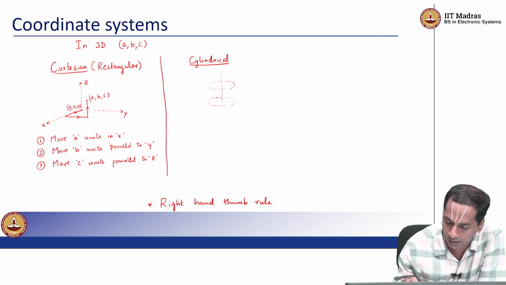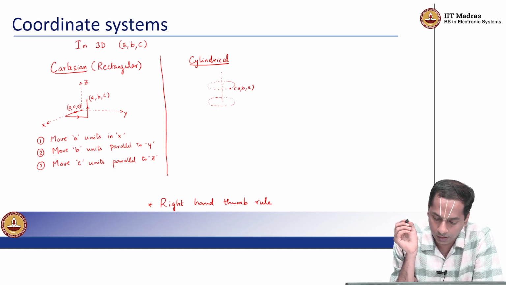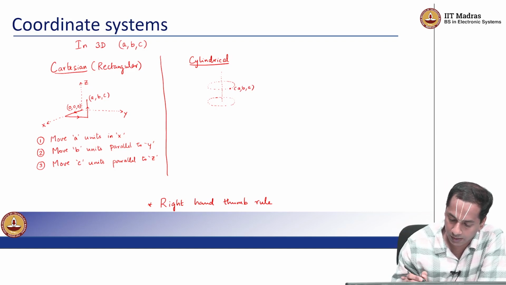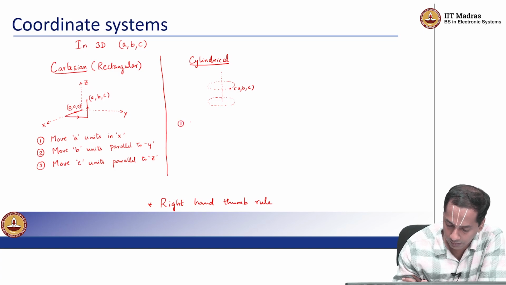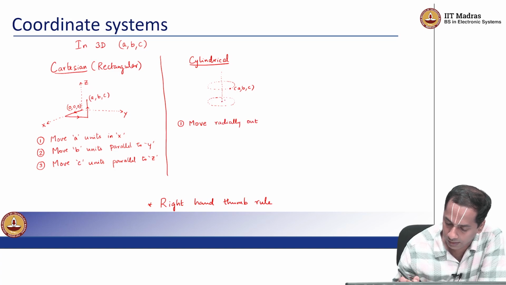Okay, so let's say I'm looking at the same point in space physically, but now I have a different set of numbers A, B, and C in the cylindrical system, where the instructions are: again I have an origin here, right?